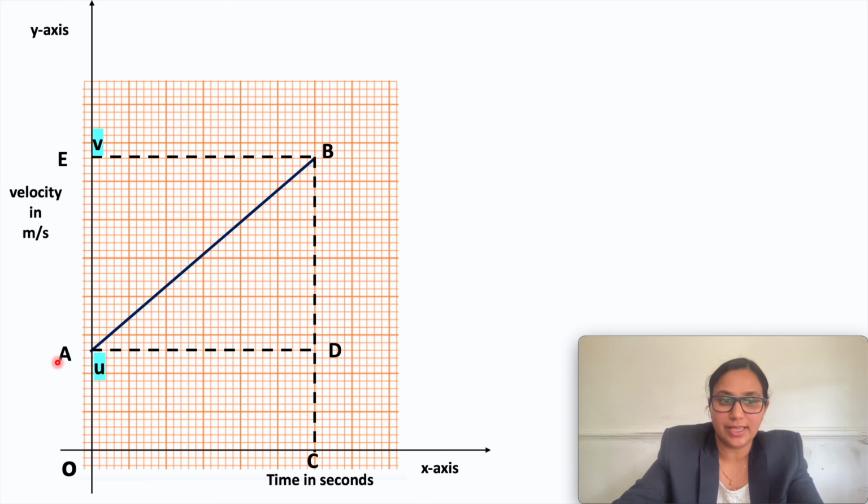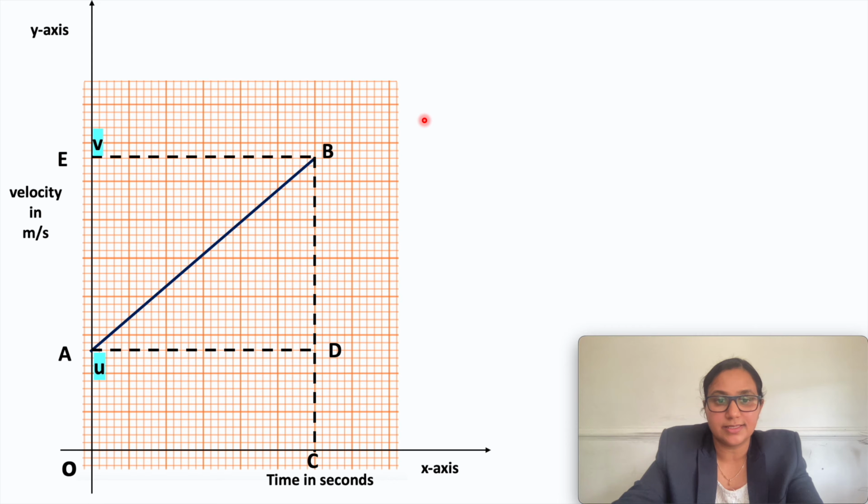Consider an object A which has some initial velocity u, moving under uniform acceleration and reaching position B having final velocity v. Let us consider that the object has travelled a distance s in time t under uniform acceleration a.